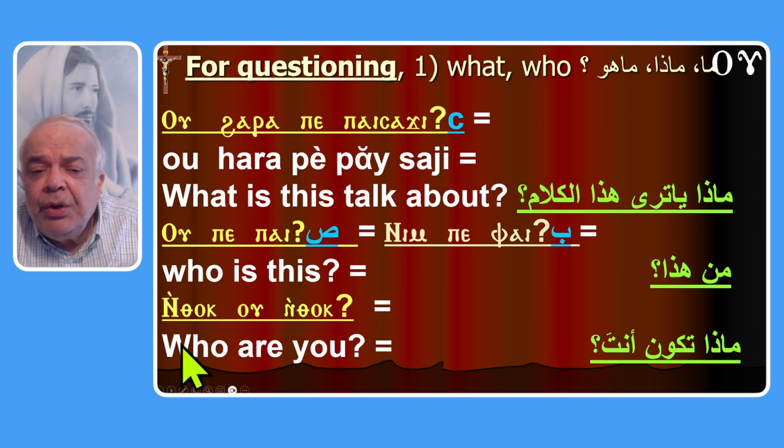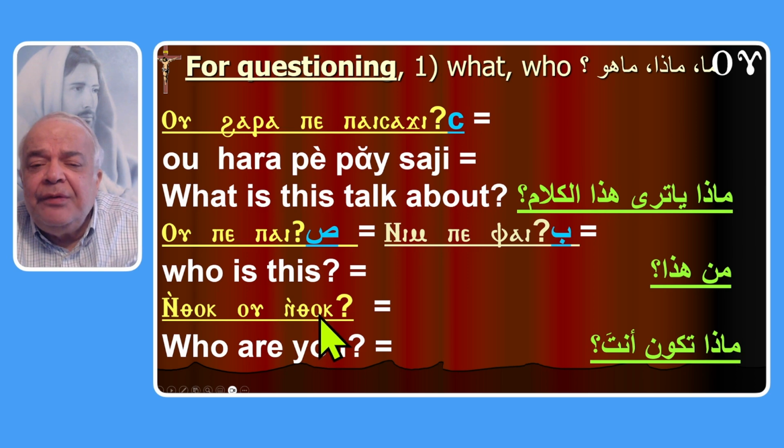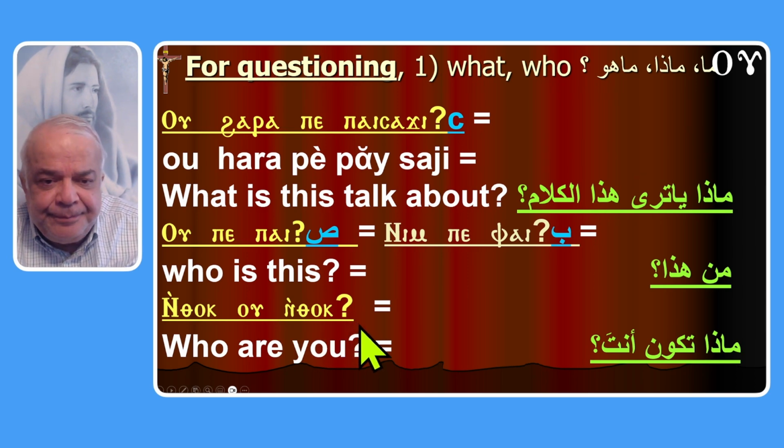Who is her? Ensos with sima. Who are we? Enson or enson, and so on. Who are you as a group? Ensotain or ensotain, etc.